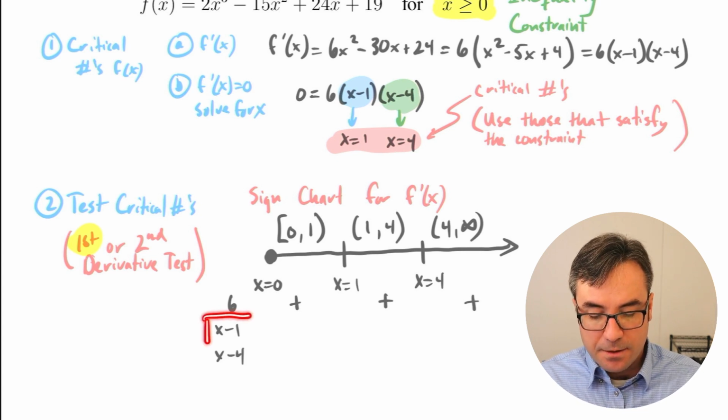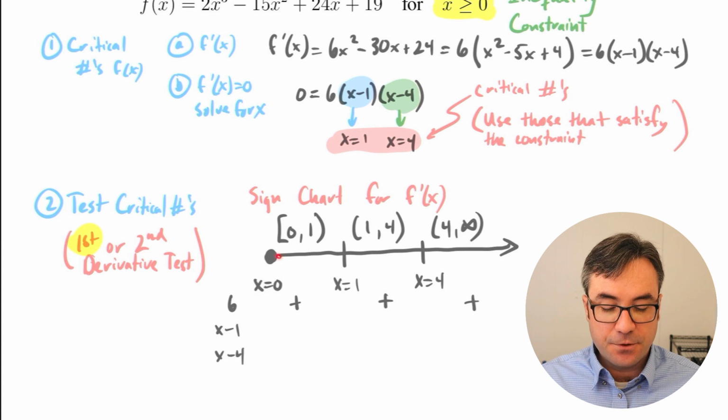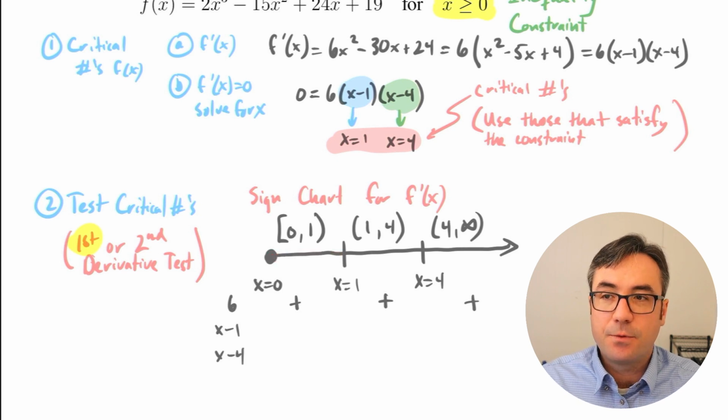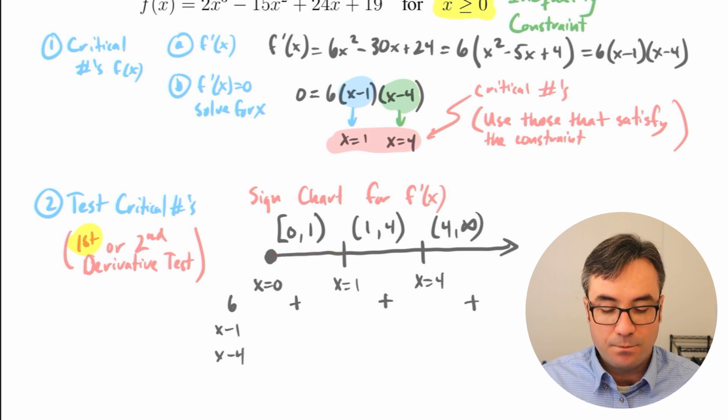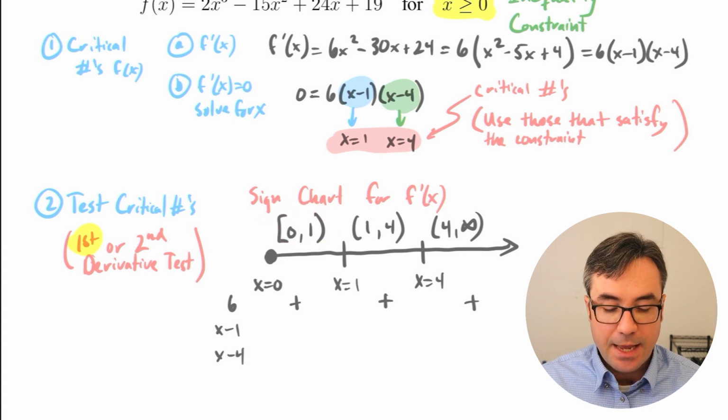Then let's look at x minus 1, and we want to test this factor. Now for this first interval, we want to pick some number that's in this interval here. And we can use 0 because it's not a critical number.